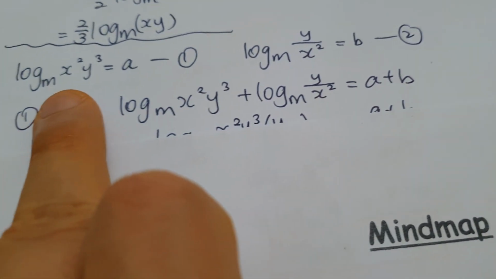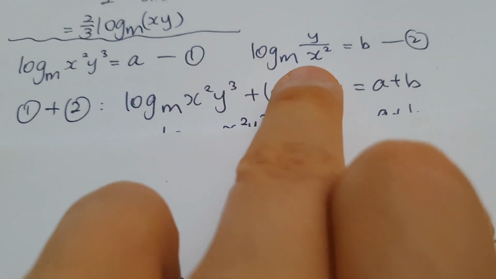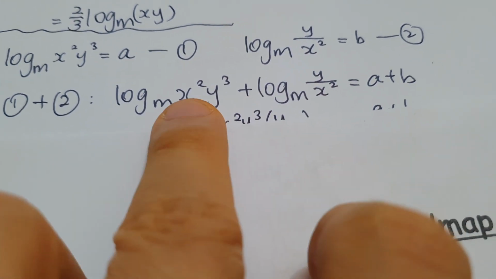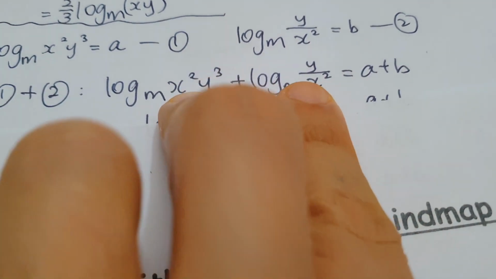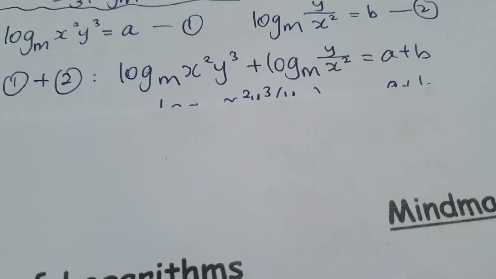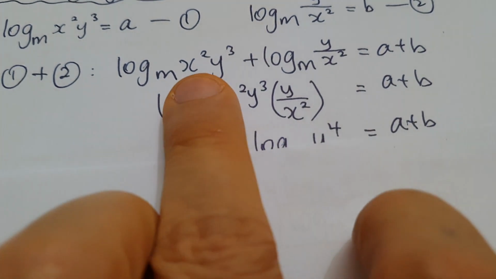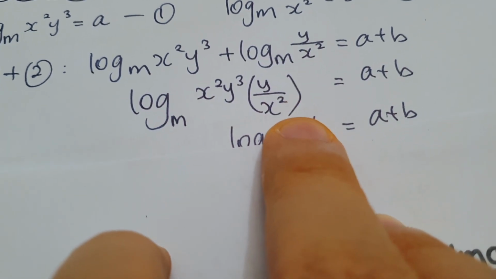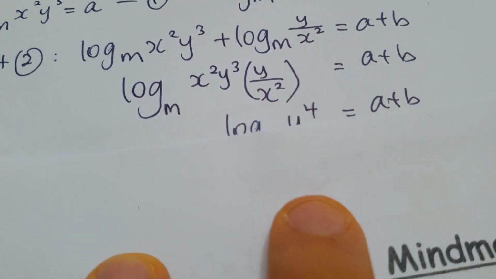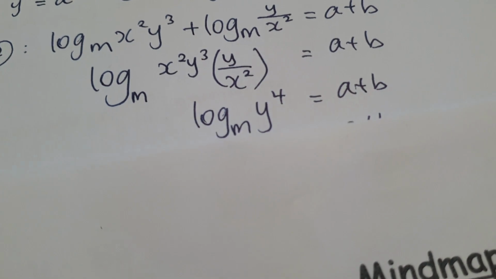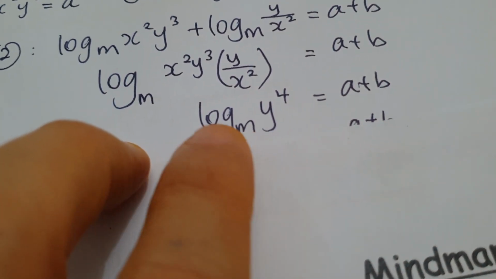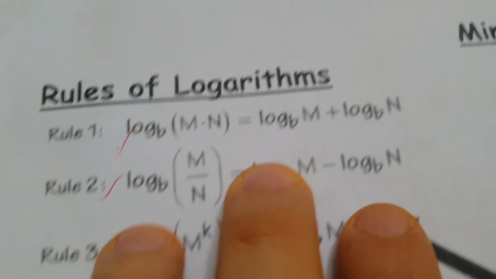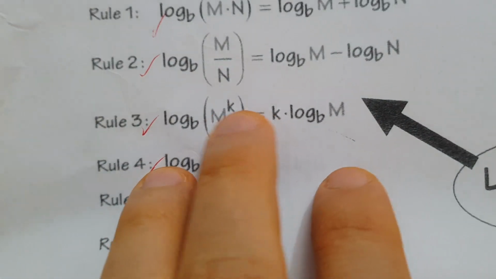On the left side, when you combine the 2 logs together, when you add them, you actually have to multiply the 2 expressions together, and that's what I want, because x squared will cancel with x squared and I end up with only y to the power of 4. I'm not scared of this expression at all because I can use this power law.